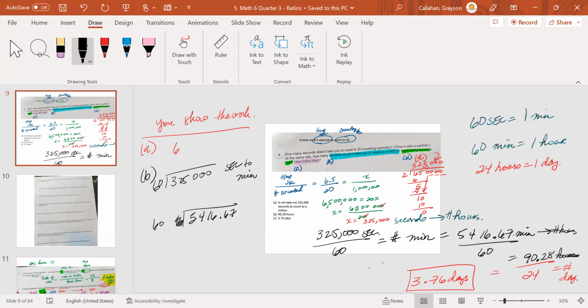You gotta divide by 60 because you're going from minutes to hours. You gotta show the work with this, okay, for B. Then for C, we're gonna do days, okay? So you should have 90.28 divided by 24. And the reason we're doing 24 is because you're converting from hours to days, okay? So you gotta show part B and part C. Do you see that? Okay. And that concludes it.